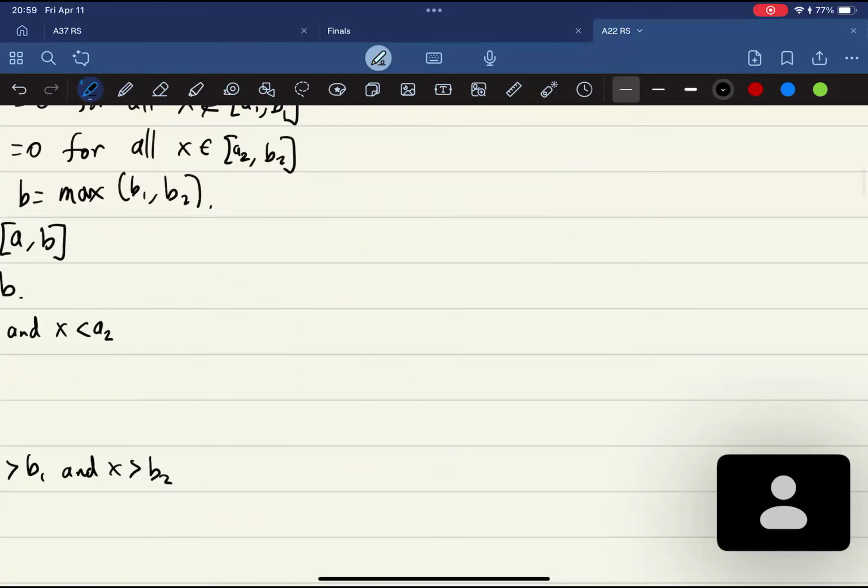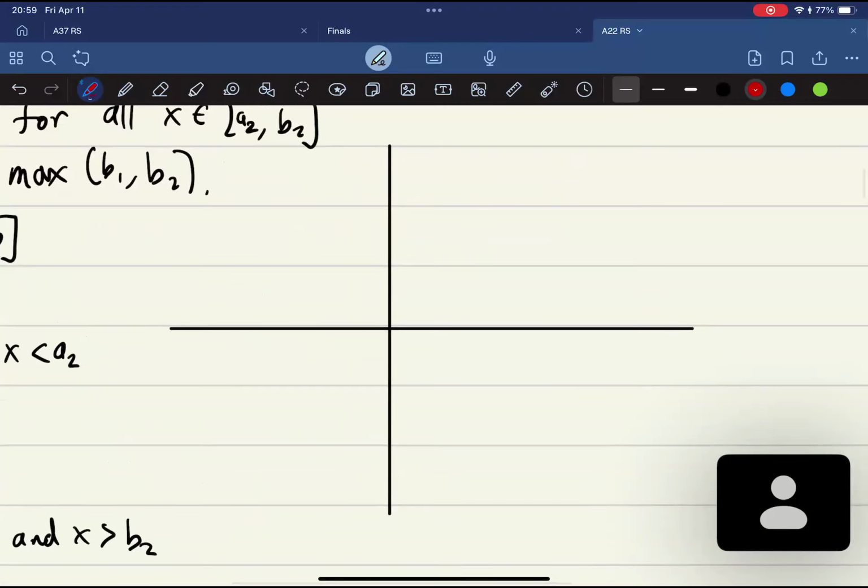So I'll illustrate an example of f and g. Let's say this is a1 and this is b1, and this is a2 and this is b2.